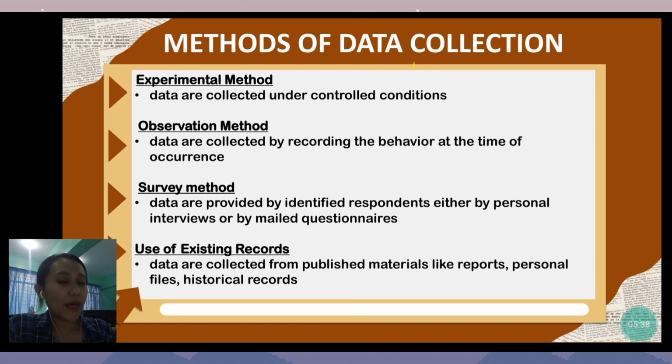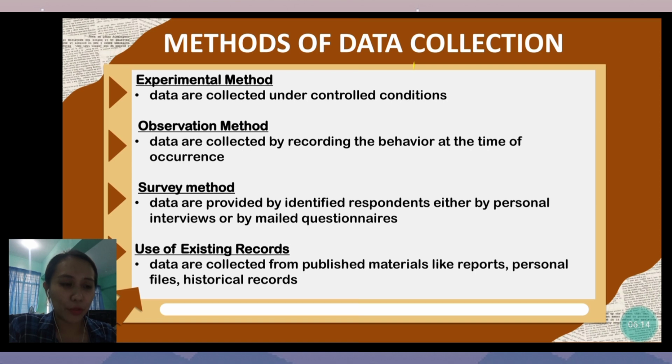Next, we have methods of data collection. Now, we have different methods. The first one is what we call the experimental method. The data are collected under controlled conditions. In your junior high school and senior high school years, you had science subjects, and in these subjects you usually conduct experiments with certain variables.